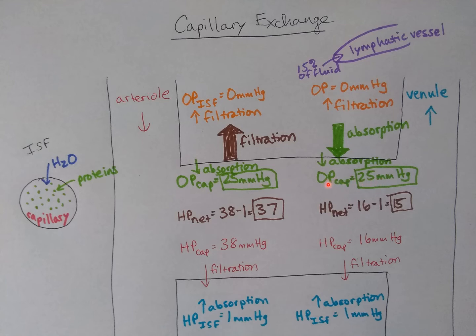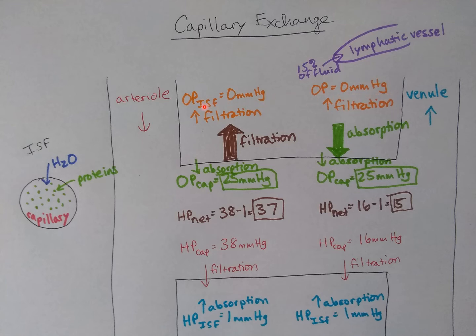Because remember, the proteins are too big to fit through the gaps in the capillary walls, so they just stay in the blood. And then the other osmotic pressure we have is out in the interstitial fluid. But basically there's very little or no protein out in the interstitial fluid, so there's really not an osmotic pressure out there. So the osmotic pressure of the interstitial fluid is 0 at both the arterial and the venule ends.